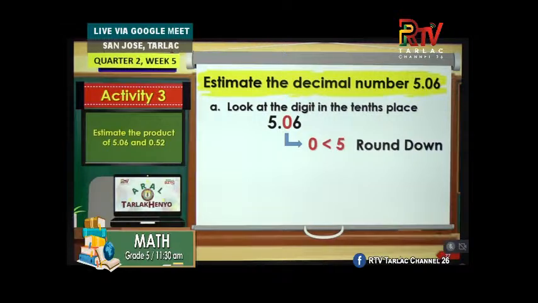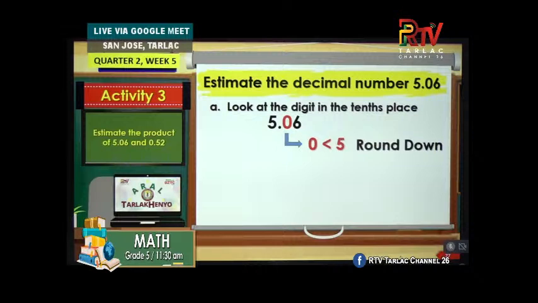Zero is less than 5, so round down. And retain the digit which is 5. Lastly, drop the digits after the rounding place. Therefore, 5.06 is estimated to 5.